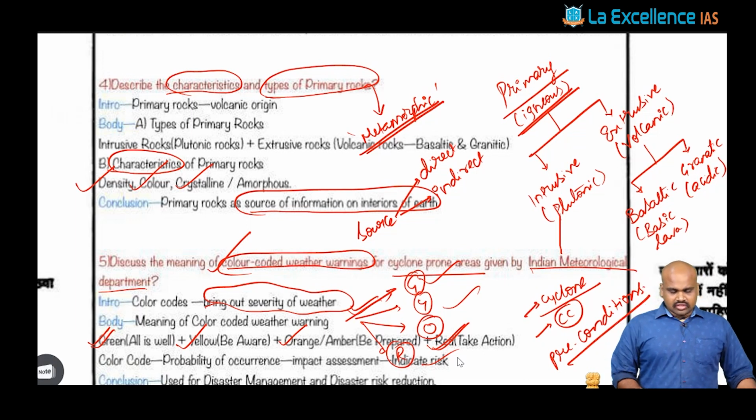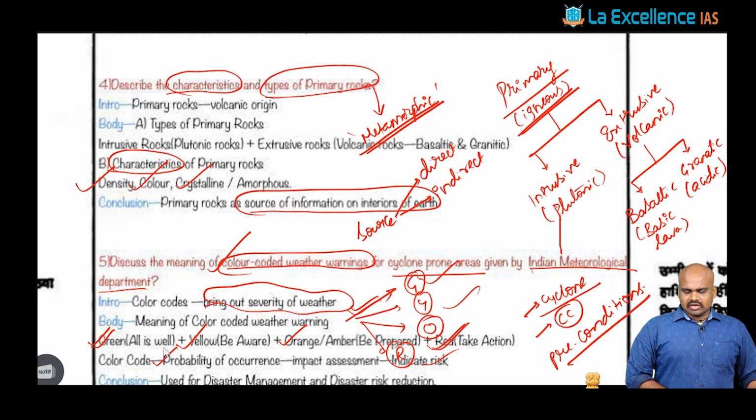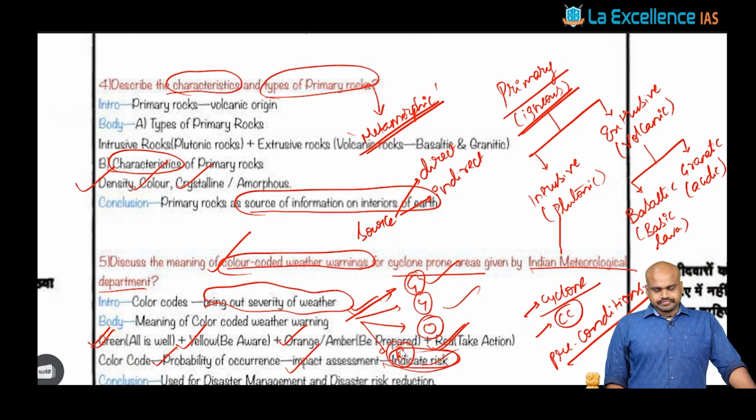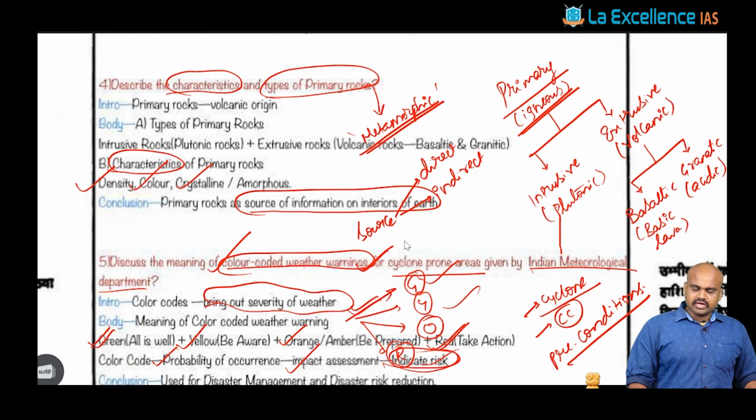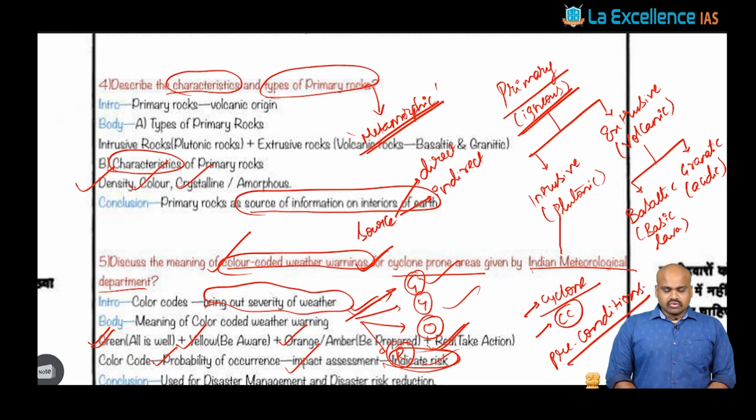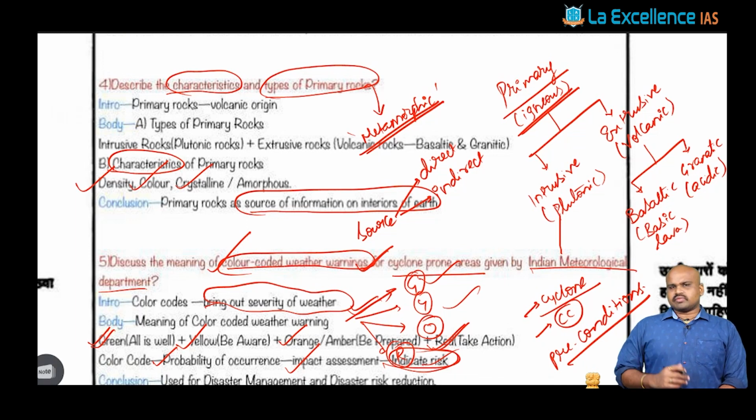Then moving on, color code is fundamentally talking about the probability of occurrence. It is talking about what kind of impact can be expected, and it also indicates what the risk is going to be. Apart from that, you can conclude by saying how such color coding or early warning systems can be utilized for disaster management, for the reason that the Sendai Framework, given in 2015 for the period up to 2030, emphasizes disaster risk reduction as a phenomenon.